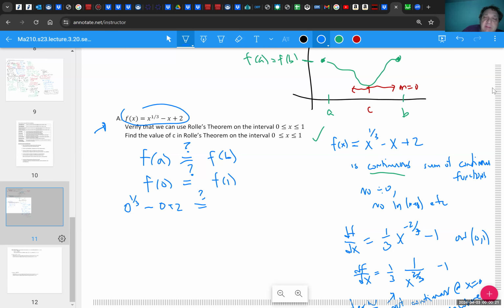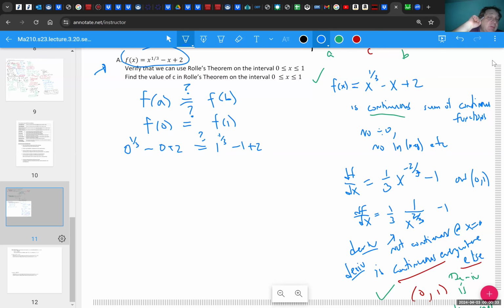And over here, I plug in 1, I get 1 to the 1/3 minus 1 plus 2. All right, so just doing a little math here. 0 to the 1/3 is 0. 0 minus 0 is 0, so we get 2 here. And this is 1 minus 1 plus 2. And that's the same. 2 is equal to 2. So that's verified as well.